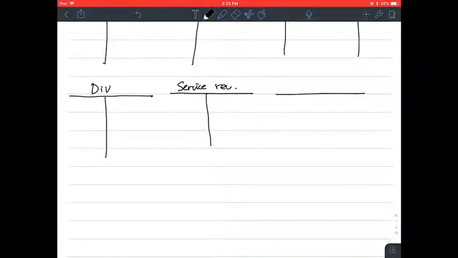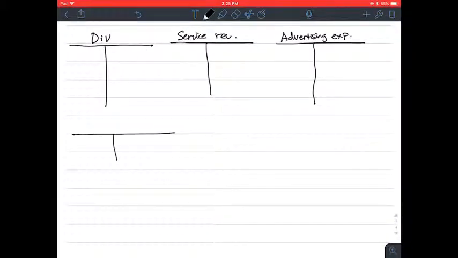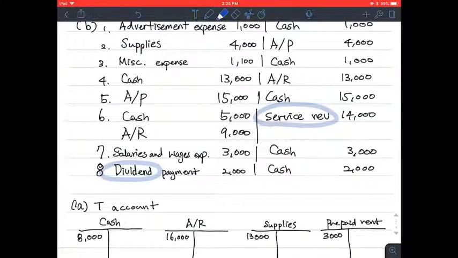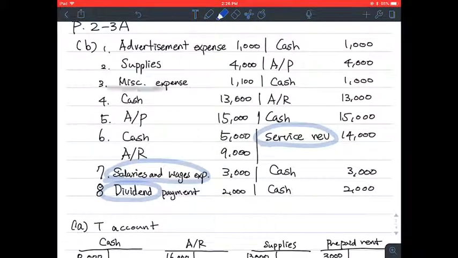And you have to write all the expenses: advertising expenses, miscellaneous expenses, and salaries and wages expenses.